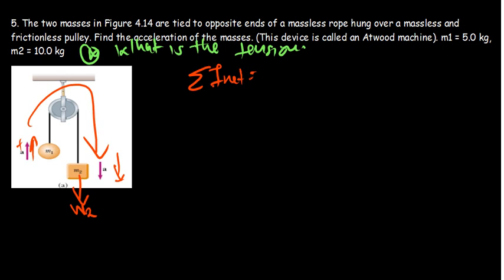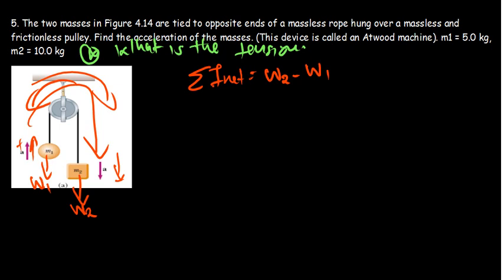But since M1 is also hanging freely, there is another force, the weight of M1, which is trying to bring the object in this direction, but it's not enough. That is the reason why it's moving in this direction. So the force is W2 minus W1. That is the force that makes the object go in that direction.